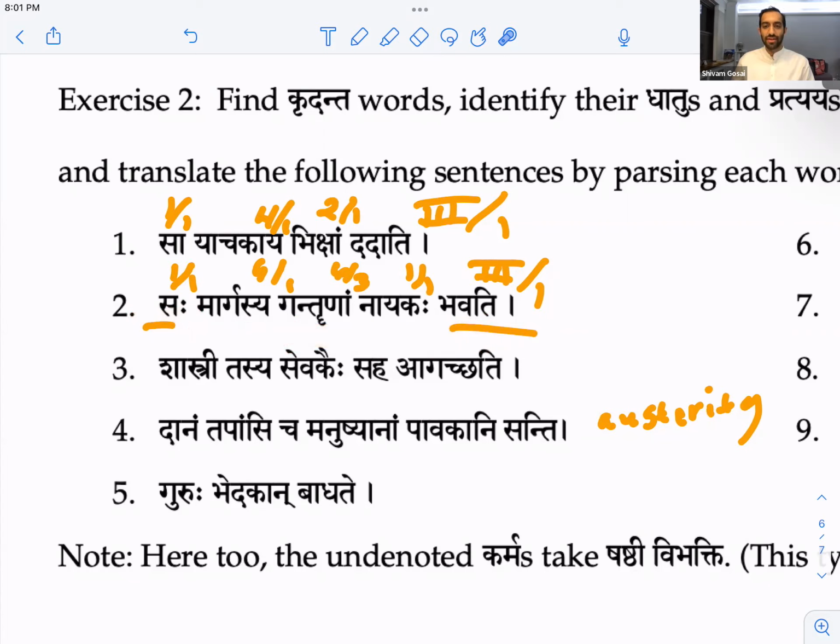He is the leader of the pack, right? That's how we say it in English. So he is the leader of the travelers of the road. Technically, we can say he is the leader of the road, the road of travelers, but that doesn't make much sense. The road, yeah, but technically that can be possible too.